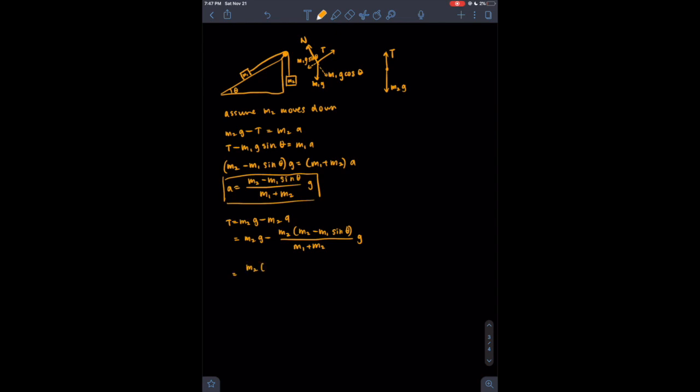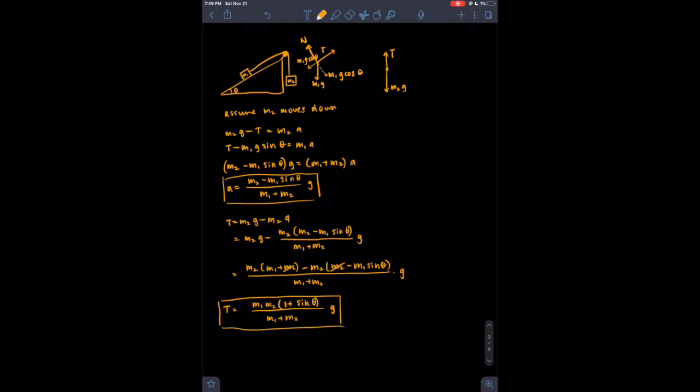Then we'll put this under a common denominator, so we multiply top and bottom by (m1 plus m2). Now the m2 squareds get canceled out. So the result is m1 m2 times (1 plus sine theta) over (m1 plus m2) times g.